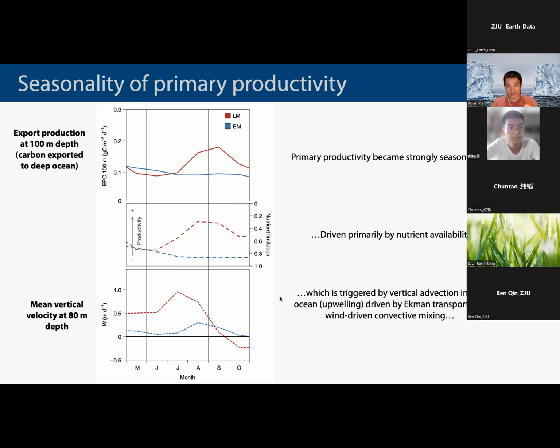So you have vertical advection in the ocean that's driven by the Ekman transport and the wind-driven convective mixing. And as we saw before, this whole thing is basically triggered by the strong Somali jet southwestern monsoon winds.